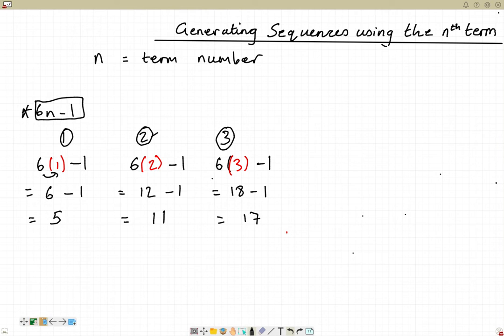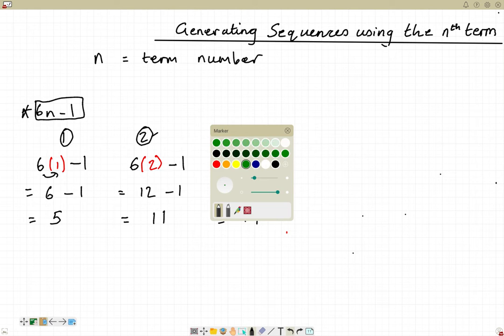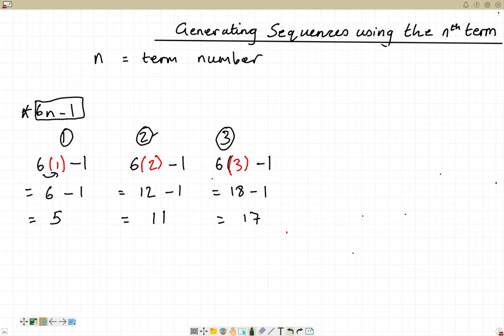Okay, now as you can see, guys, there's a little pattern emerging. So from 5 to 11, I add 6. From 11 to 17, I add 6. So I'm guessing the next term, add 6. 17 add 6 will be 23.